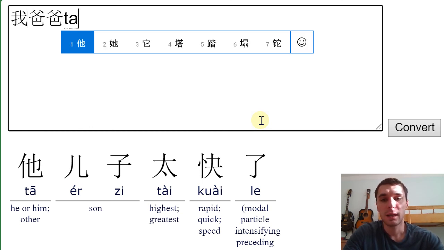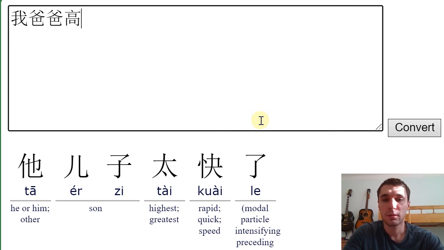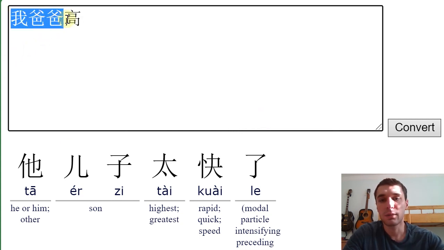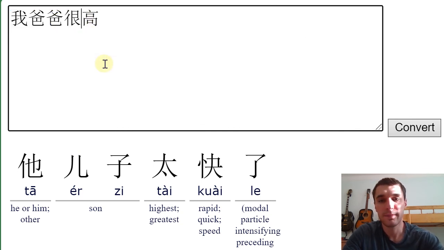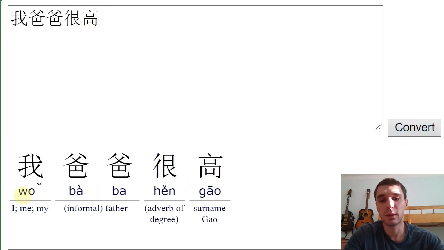So tall, 高. We use 高 to write tall. And to link this noun to this adjective, I will write 很. 我爸爸很高. That's how it works, guys. 我爸爸很高.